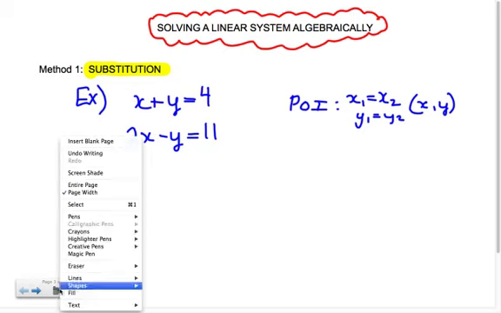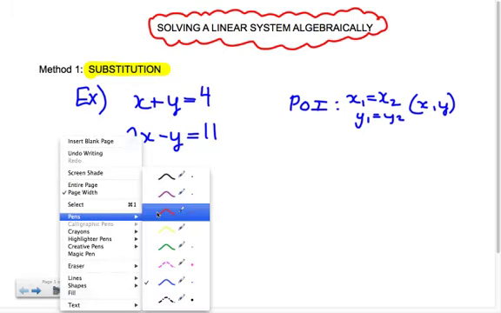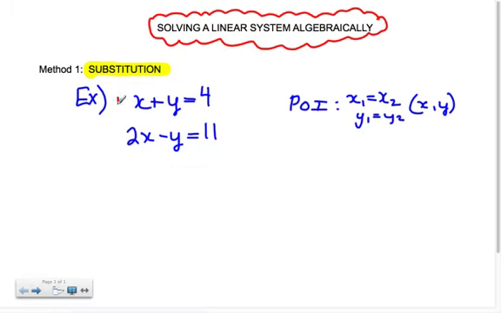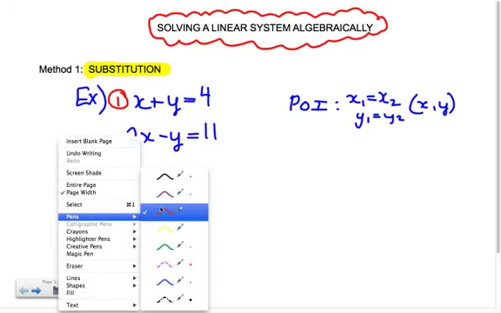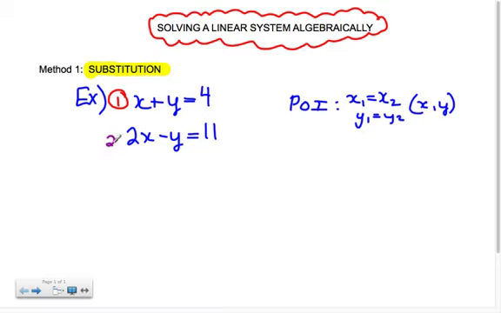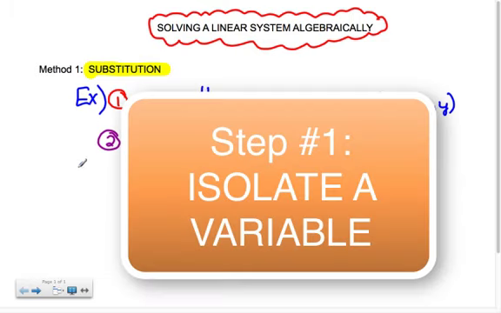So let's get going on this so you can see what's happening. We're going to call this one equation 1 in red, and we're going to call this one equation 2 in purple.